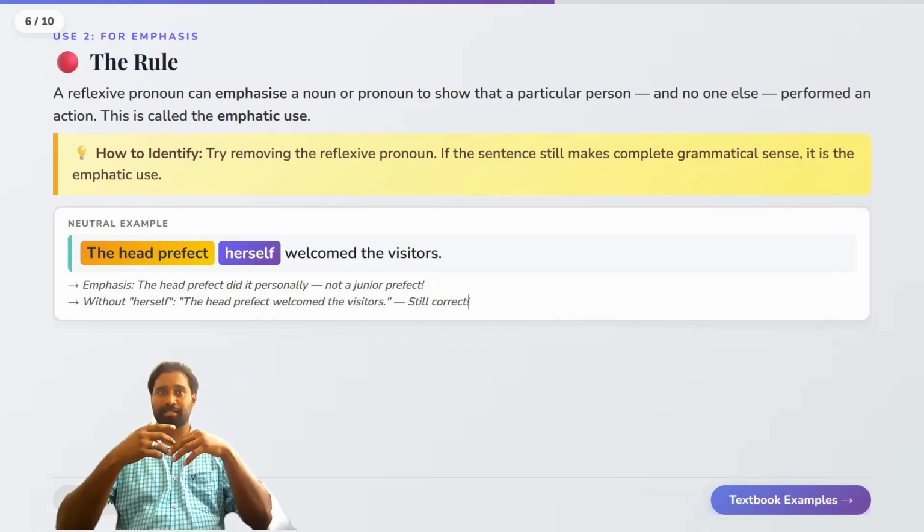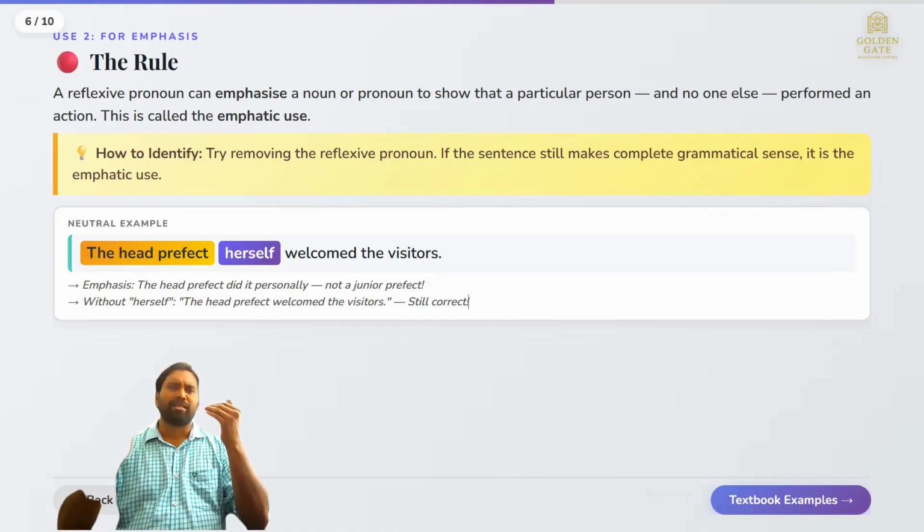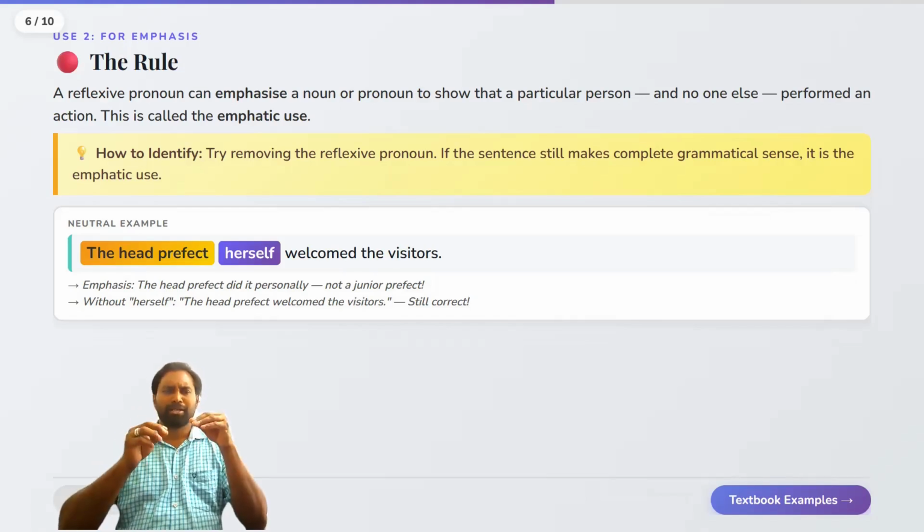Now let's apply the test. Let's remove the reflexive pronoun and see what we would get. What do we get? The head prefect welcomed the visitors. Children, does this sentence still make sense?